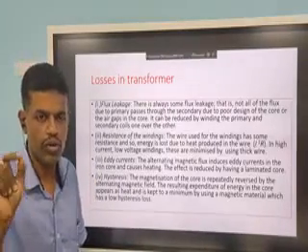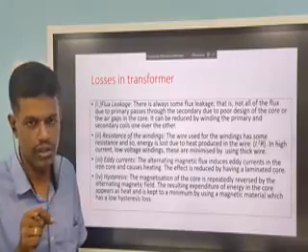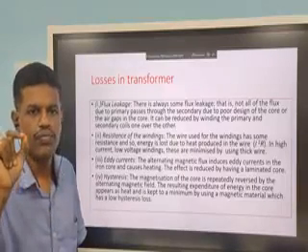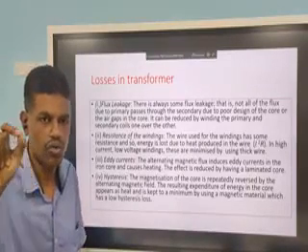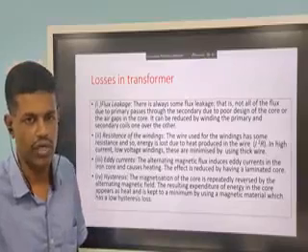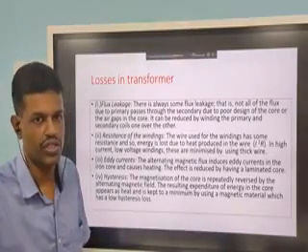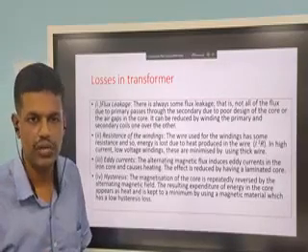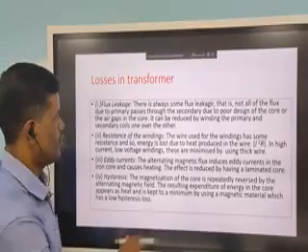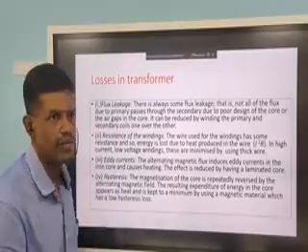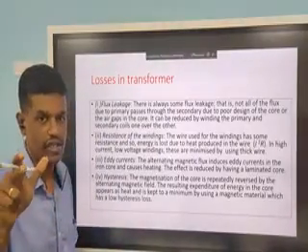One of our most important assumptions was that the flux linked with primary is also linked with secondary. That is why we were using d phi by dt the same on both sides. But this may not be true. So there can be flux leakage.